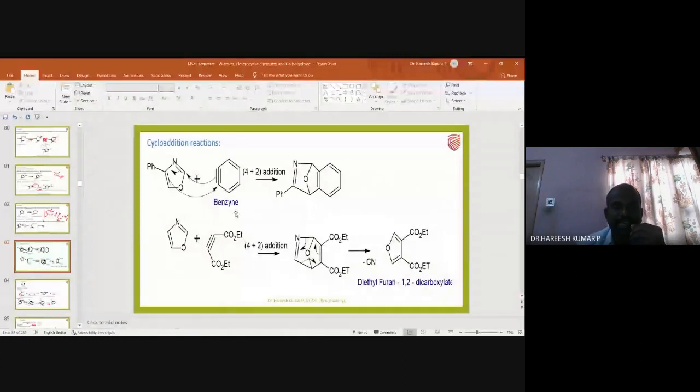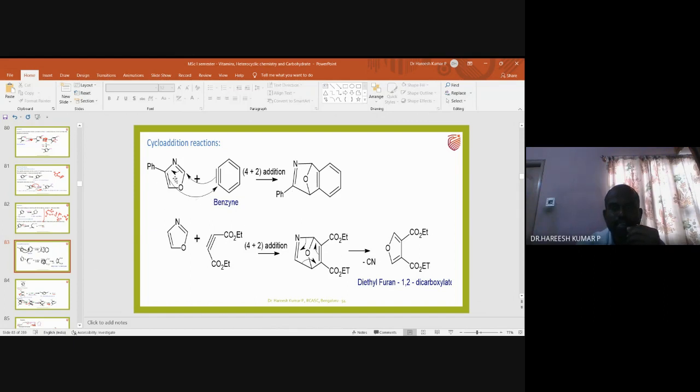So what is happening here? There will be a new bond formation between this carbon and this carbon, and this carbon and this carbon, and the already present double bond is converted into a single bond, and there will be a new pi bond formation here between the carbon and nitrogen. So that's what I have written here. I will explain again.